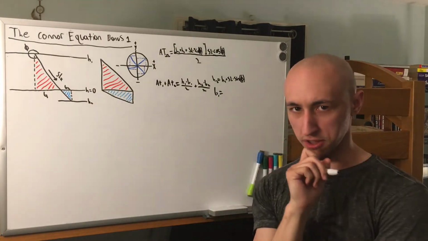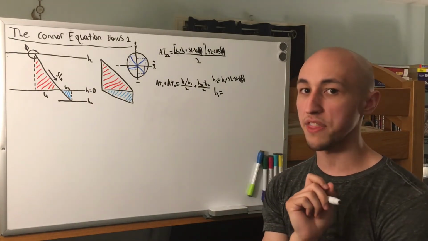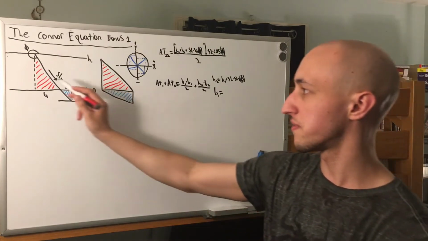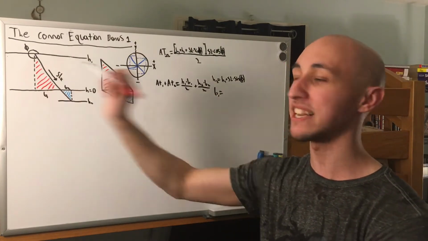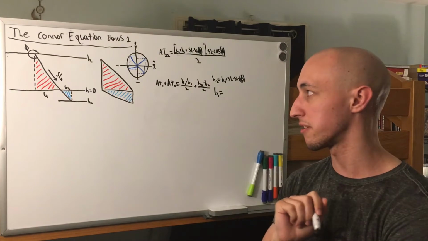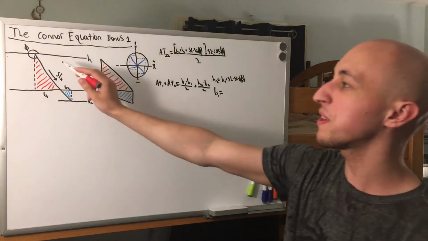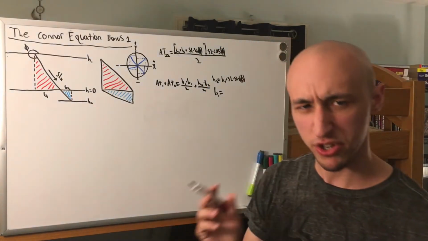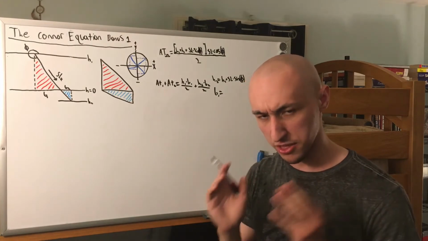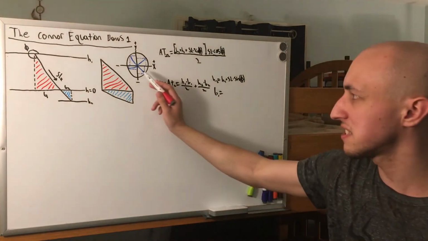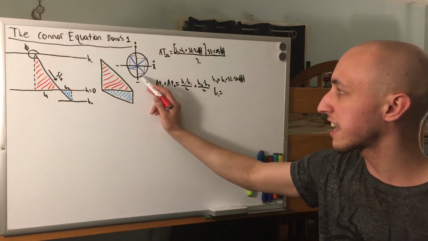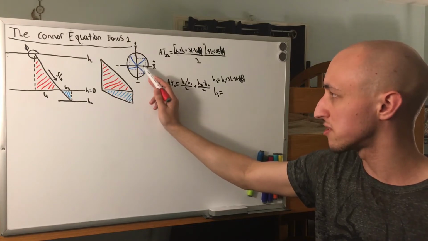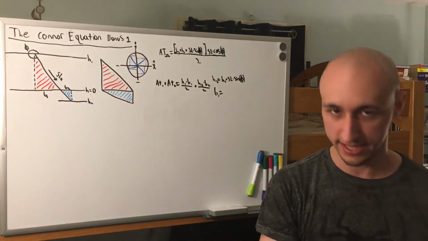Now, we've got a thing to consider. This is very important. H1 is a positive value in this scenario. But when paired with an angle between 270 degrees and 360 degrees, we can clearly see it falls in this quadrant, where y is negative.